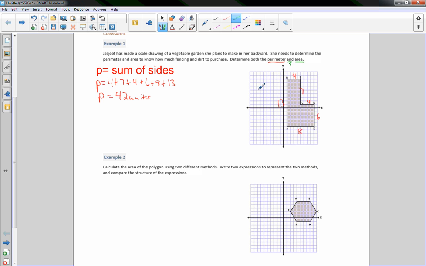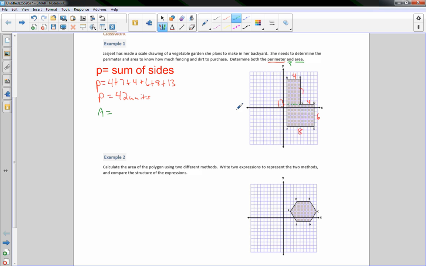Now we're going to determine the area. So area equals, well, we need to know what shape we have here. This is an odd-shaped area, so we need to break it into rectangular shapes that we can find areas of, and that's decomposition. So I could draw a line here and make a rectangle up here and one down here, or I could have drawn one this way.